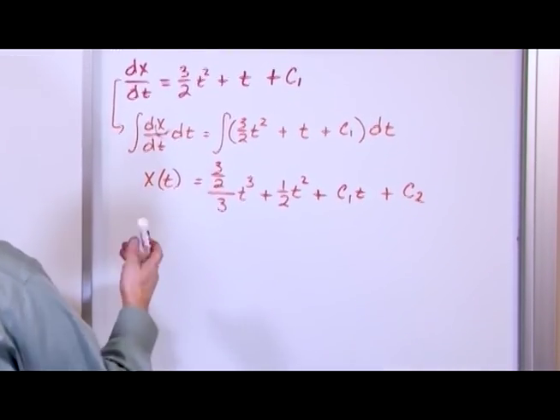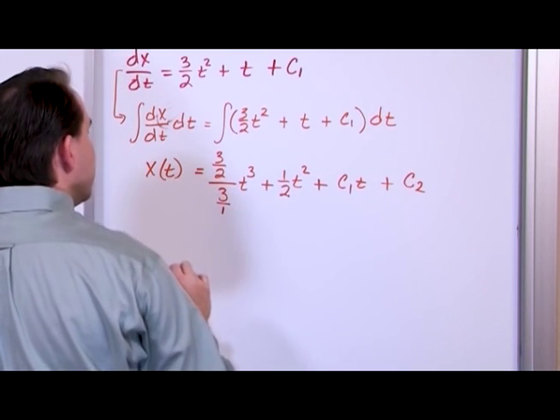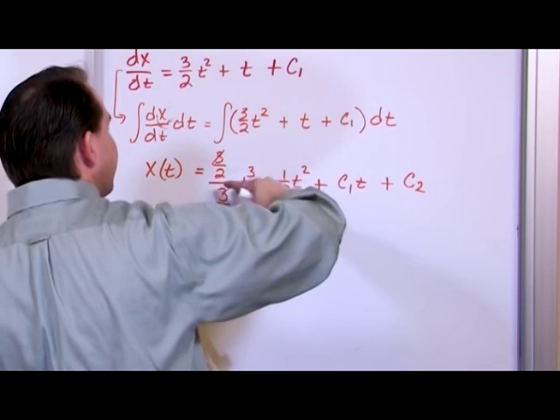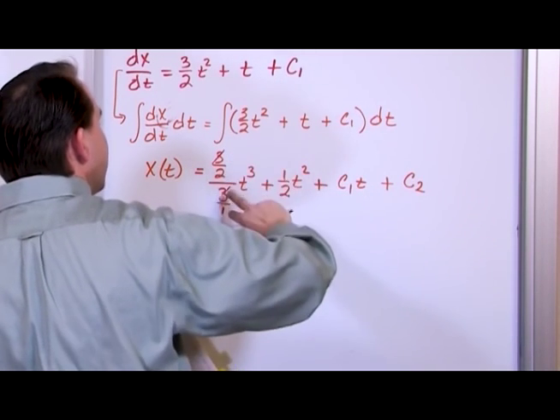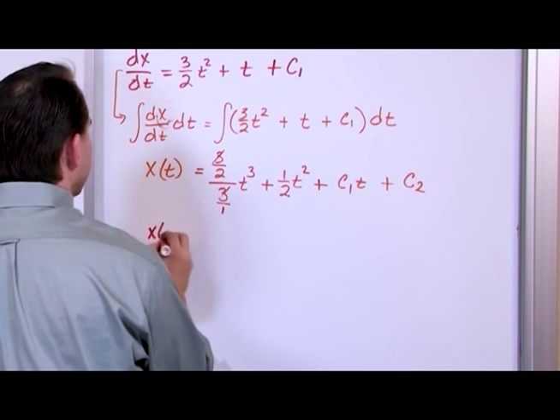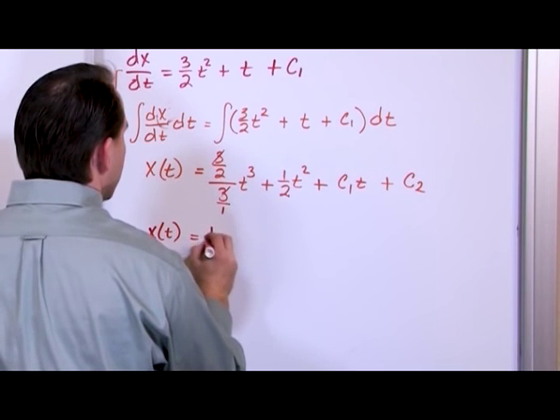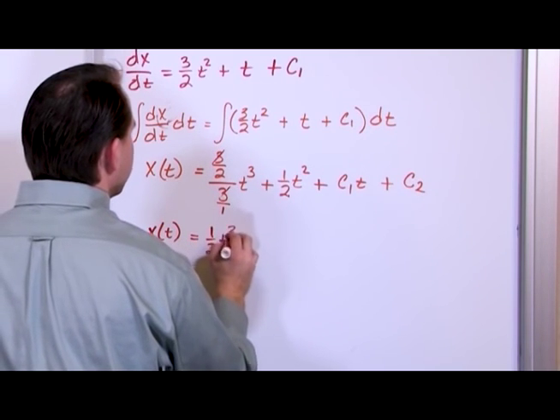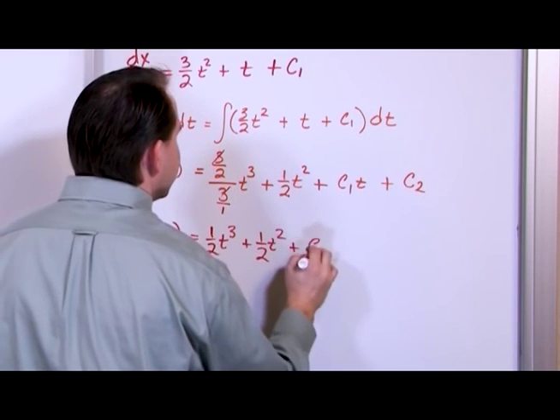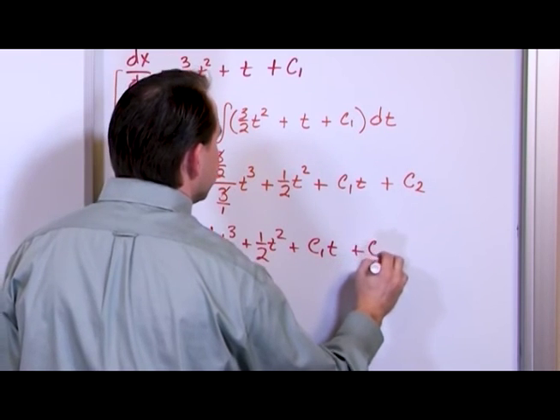Now what we're going to do is rewrite this. Really, when you think about it, this is 3 over 1. So this 3 cancels with that 3. If you want to think about it, you can flip this fraction over and multiply, and you'll see that this 3 will be on the bottom. It'll cancel. So what you're really going to have for the final answer here for the general solution is going to be 1/2 t cubed plus 1/2 t squared plus c1 times t plus c2.